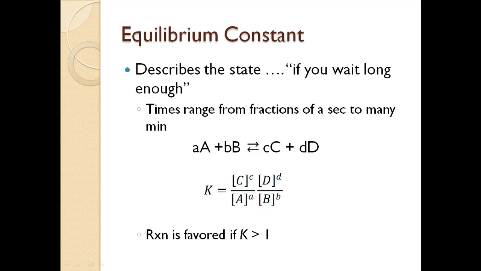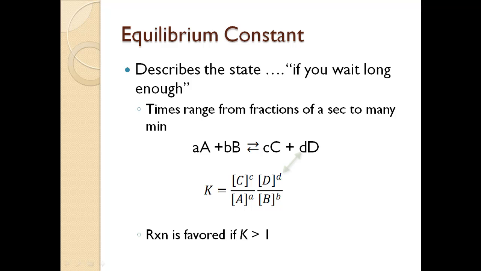So for a reaction that has reactants A and B, and those reactants A and B are converted to products C and D, we write the equilibrium constant of that reaction as K is equal to concentrations of the products over the concentrations of the reactants.